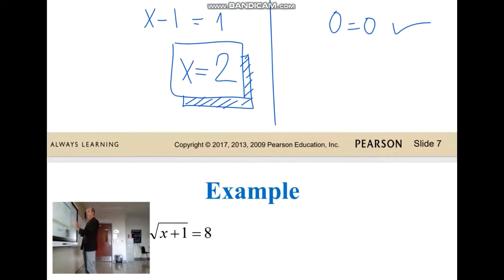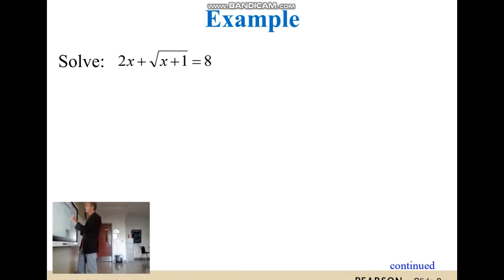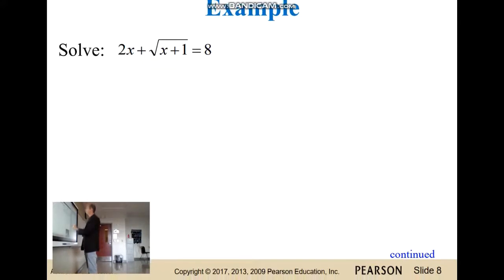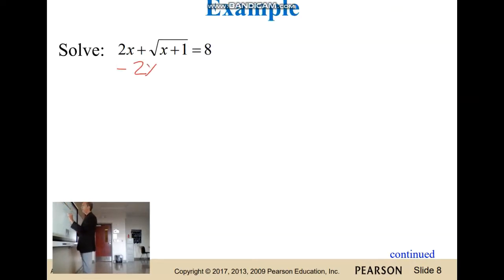Next example, we have now 2x plus square root of x plus 1 equals 8. So first step, isolate the square root on one side of the equation. Let's subtract 2x from both sides, using the addition property, adding negative 2x to both sides, so we can simplify.